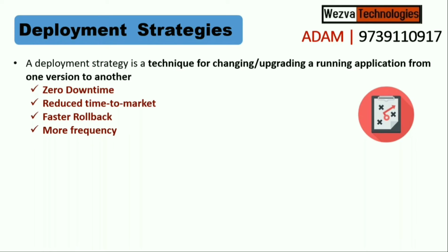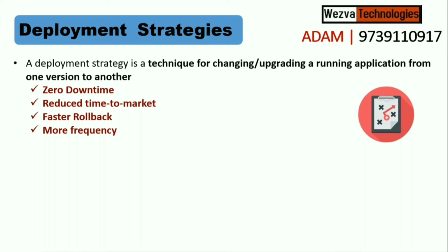That's how, as an organization, you will have the ability to keep on doing releases on a need basis, and without causing much interruption to your services, you can also do the deployment. So development will happen, testing will happen, and at the same time, deployments will happen.